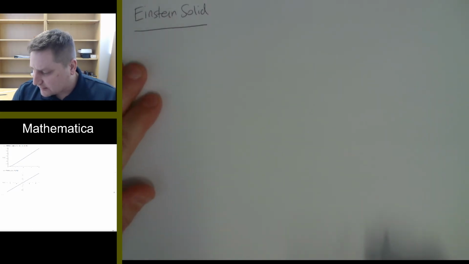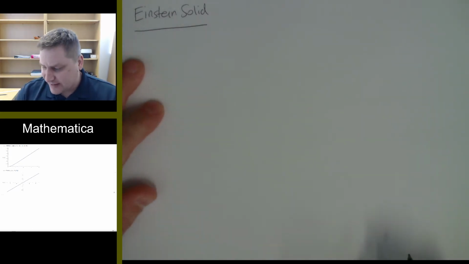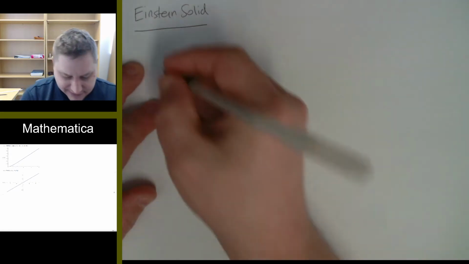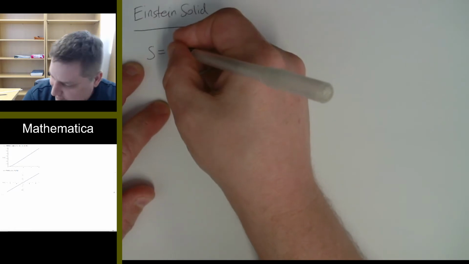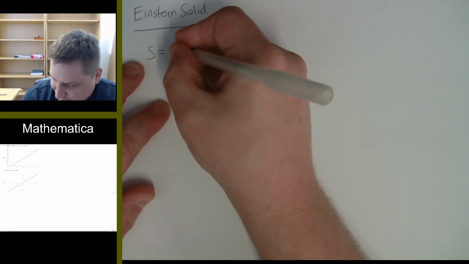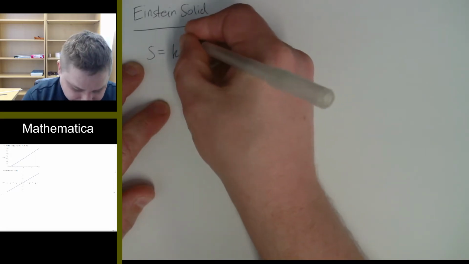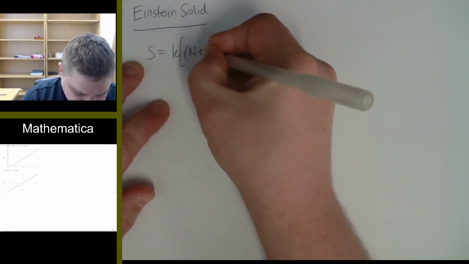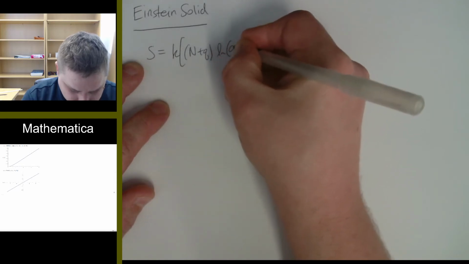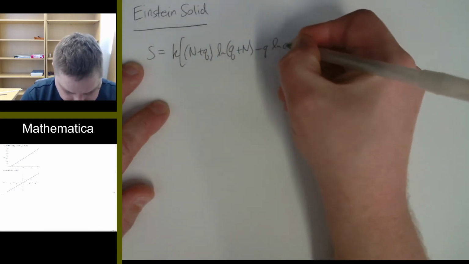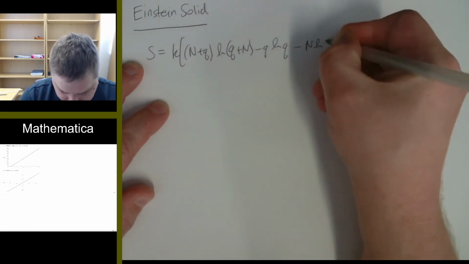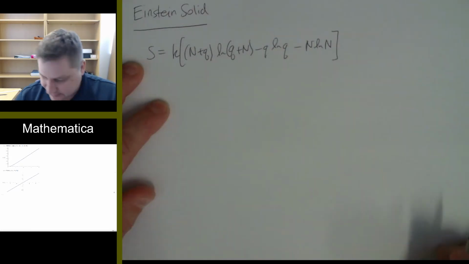So I'm going to save a little time here by not beginning at the very beginning of the model again. I'll write this down, even though I'm not really going to use it. There's no harm in seeing an equation again.